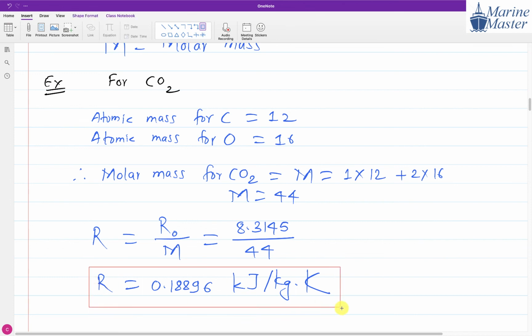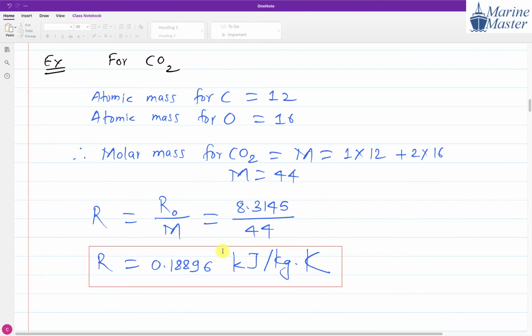So in this way we got the value of R. Please write down this discussion.